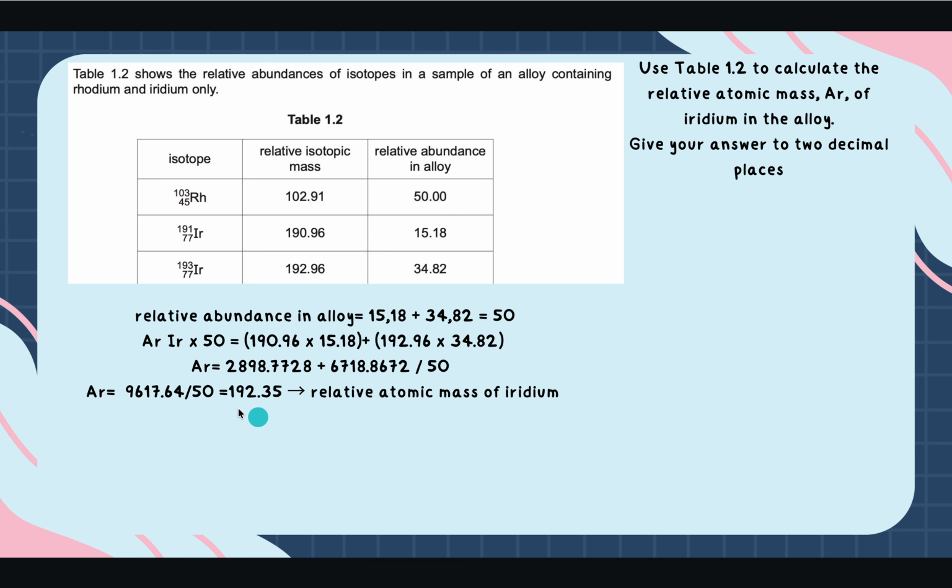Then we got these numbers and calculated it, which is 9670.64 divided by 50, which is the sum of the relative abundance in alloy, which is 192.35. So 192.35 is the relative atomic mass of iridium.